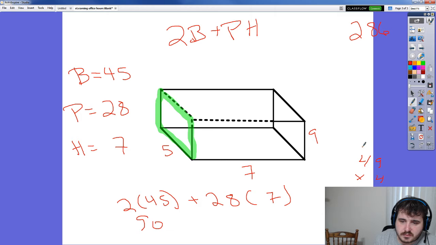Sorry, that's a 6. 196. Hey. 90 and 196. If I add them up, I get 286. I got the same thing again. So I've done the front side here. I've done the left side. Let's do the bottom side now.